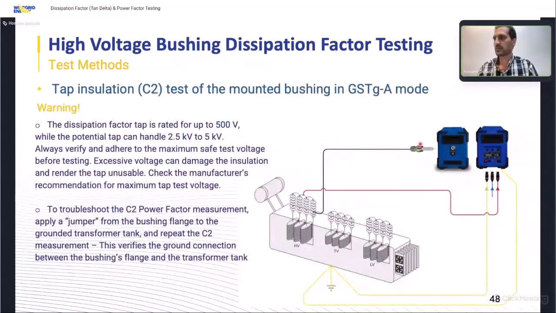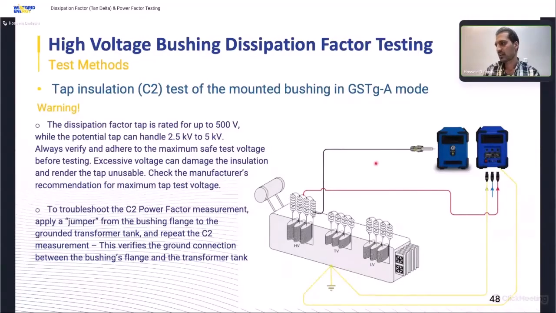And for testing C2 after installing bushings, as I said before, the value of C2 after installation will be different from the bushing which is not installed, so we cannot compare it with the bushing nameplate, but it's just for diagnostic testing.